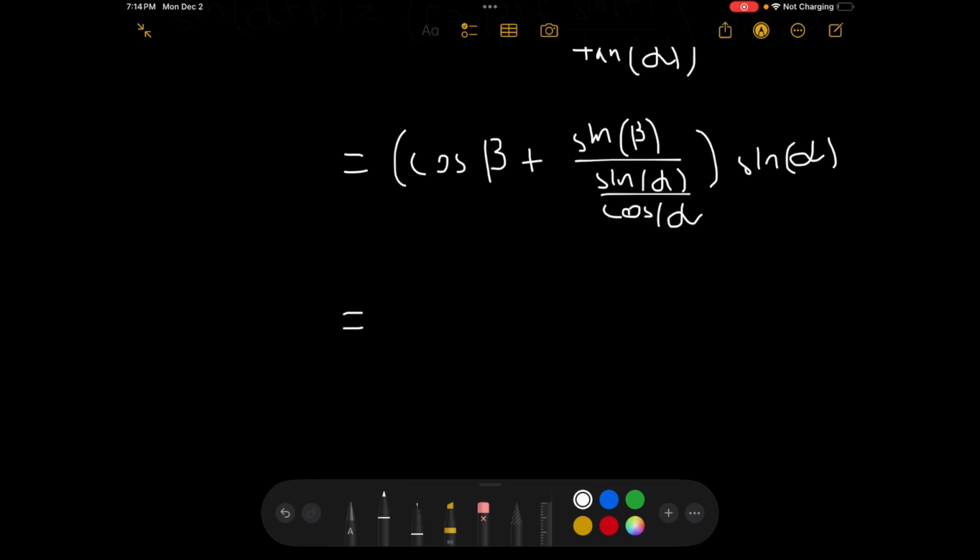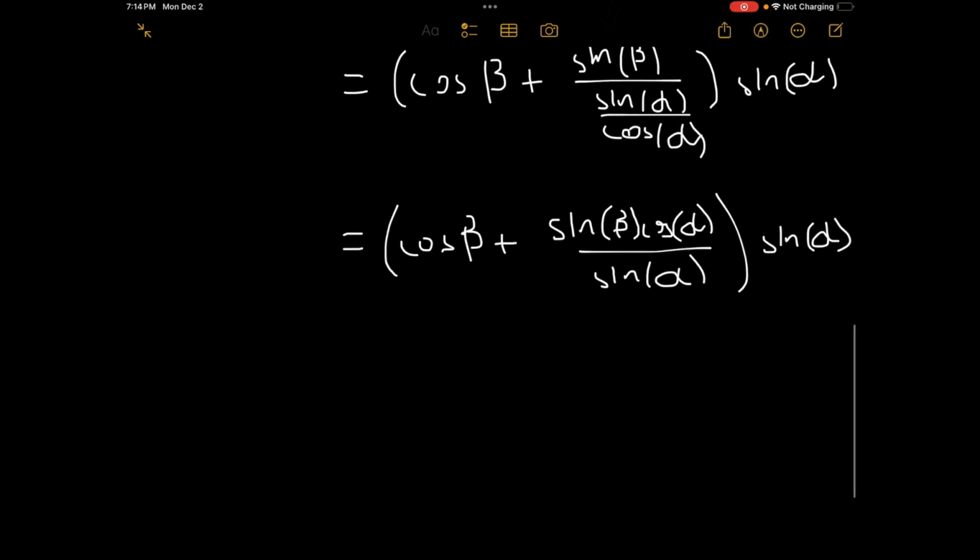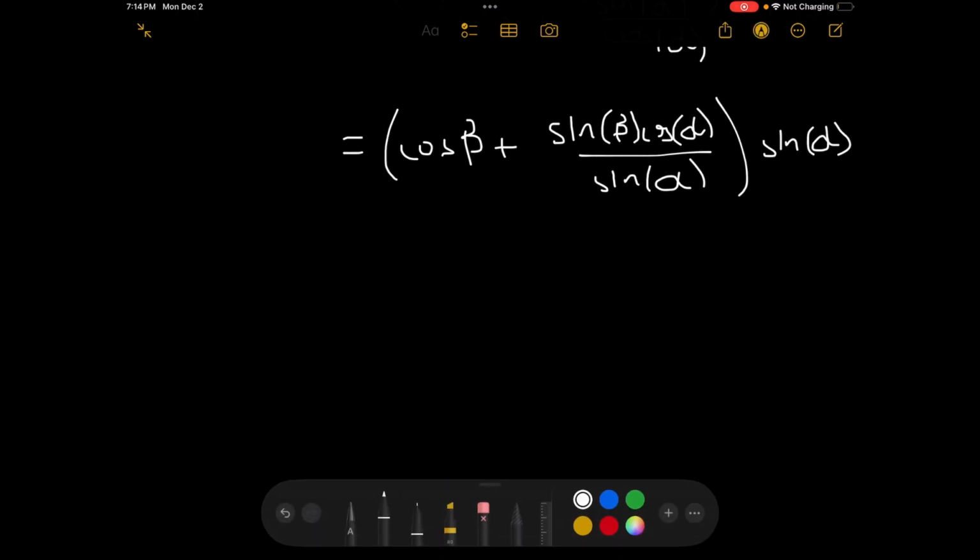And then we can multiply both sides of this fraction by cosine of alpha. Finally, we can distribute the right-hand side of the equation to obtain our identity for the angle sum of sine.